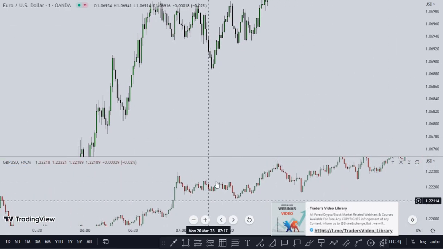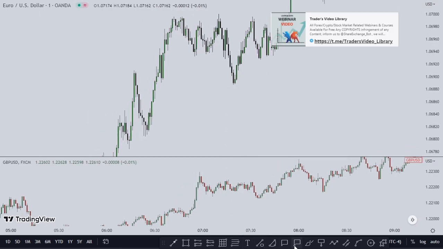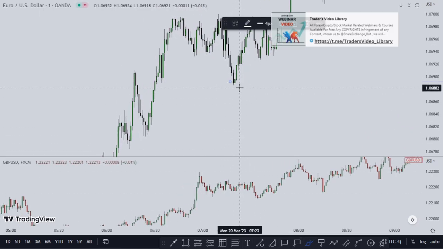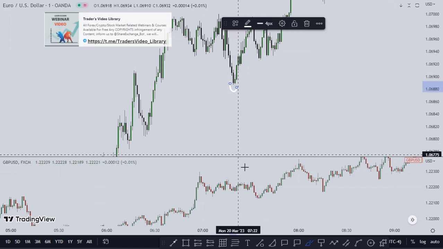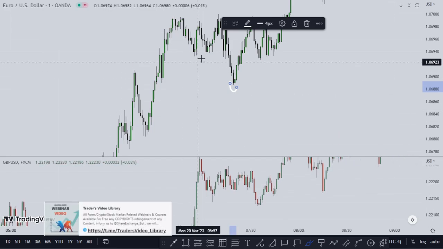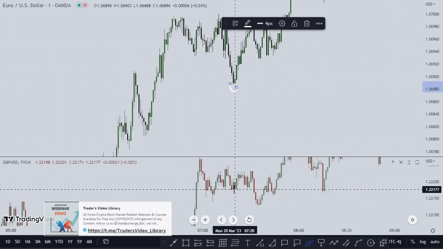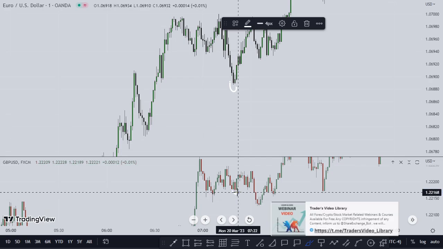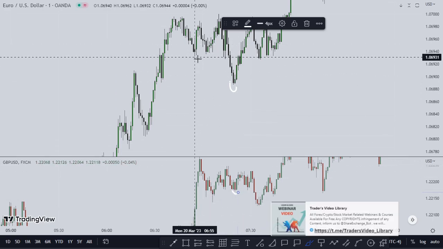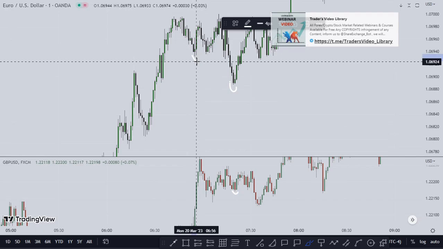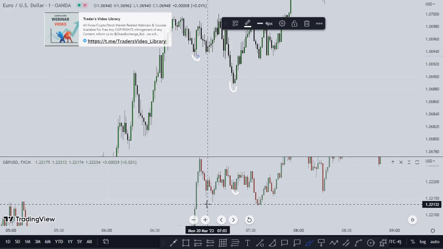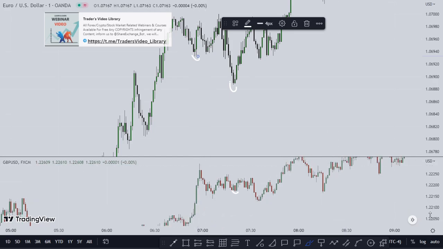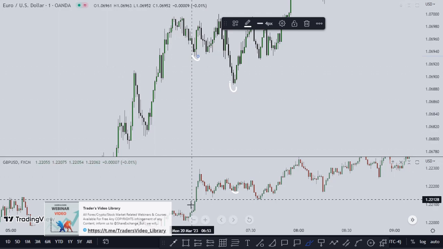As you can see, here is the swing low because it has the higher low to the left and higher low to the right, and here is the swing low also. But here is the swing low and here is the swing low also, right somewhere like here.